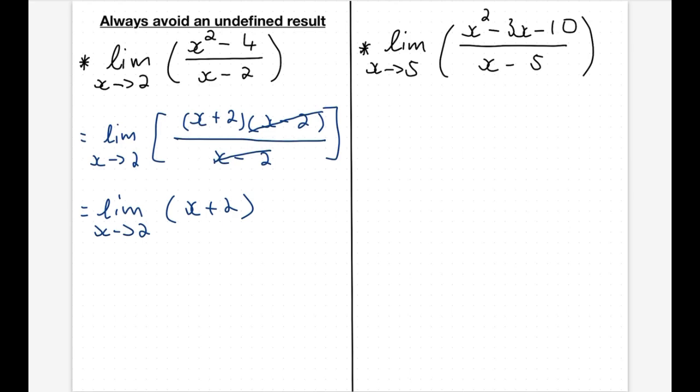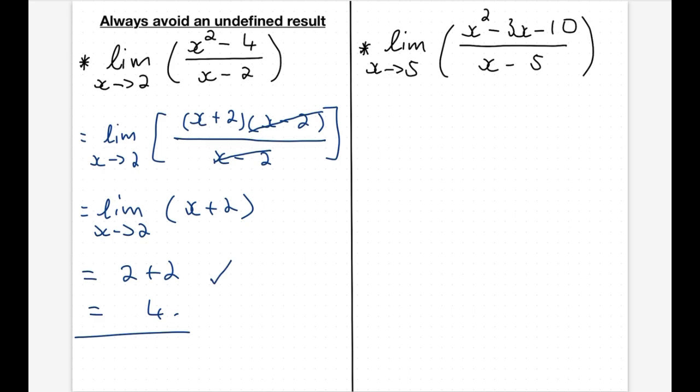And lo and behold, now you can plug it in without getting an undefined result. So the answer here is 2 plus 2. I've now plugged in the x value of 2, so I can stop writing limit as x approaches 2. So the answer is 4. The limit of x squared minus 4 over x minus 2 as x approaches 2 is 4.